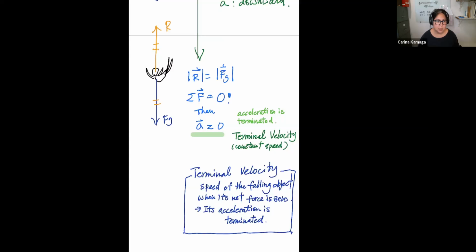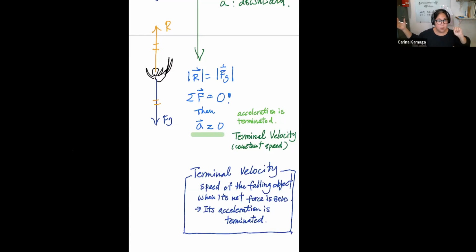So what does the skydiver do? The skydiver is going to open the parachute. What is the parachute for? What the parachute does is that it increases the frontal area.